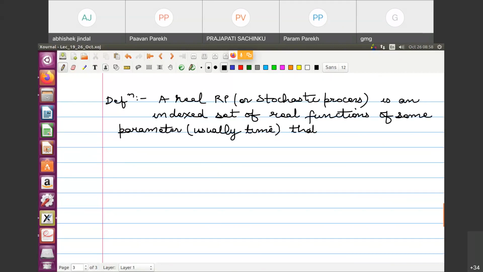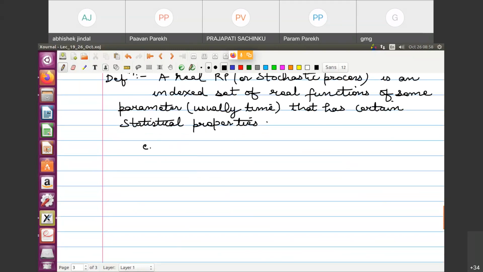Okay. Examples we have seen above, but I am just writing it.